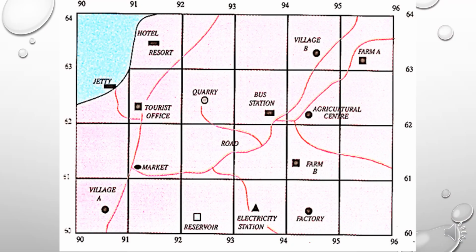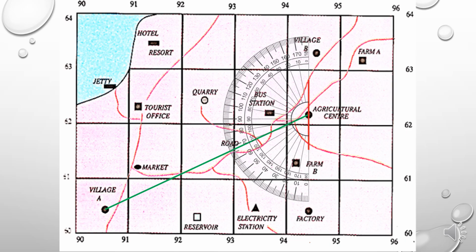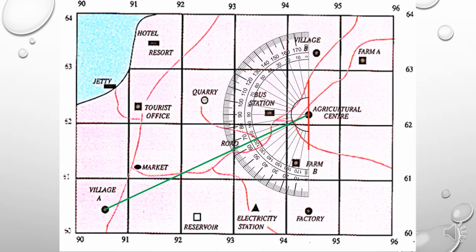Okay, now let us try to find the bearing of the agricultural center to village A. So we draw our straight line through the agricultural center and then we connect it to village A. Next, we place our protractor right there, already inverted, so you can see the 0 is south, 180 degrees is to the north.